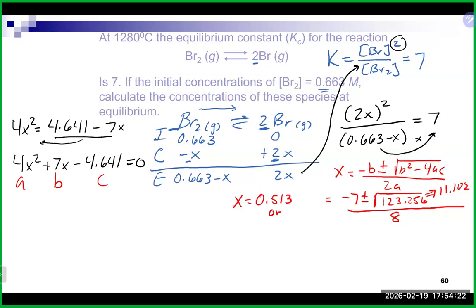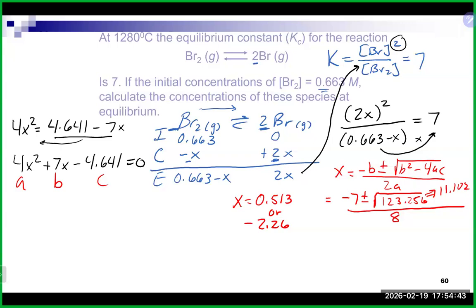Now doing the minus, or subtraction, negative 7 subtracting 11.102 divided by 8, going to get us a negative 2.26. First off, any questions so far?